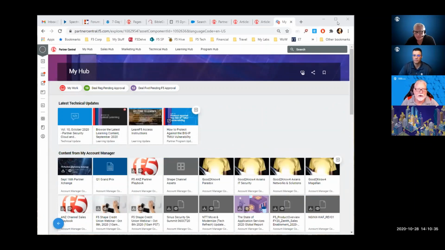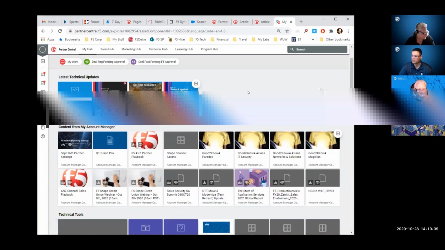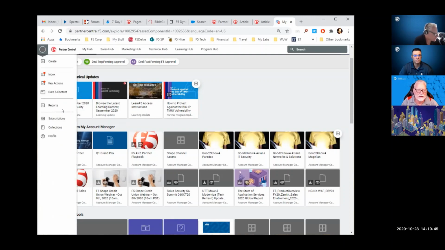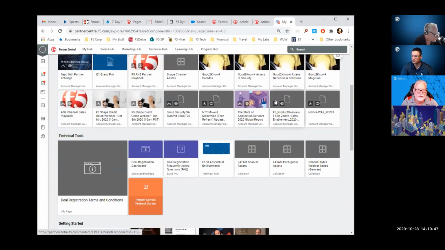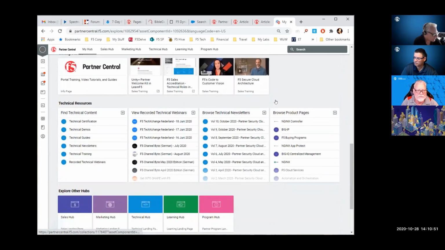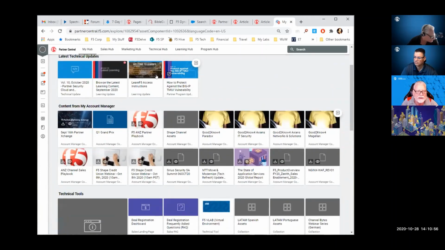So this is the new Partner Central site, and this is what you would see. I'm coming in as a technical partner, right? You're going to get technical updates, newsletters. There's a bunch of really good stuff in here. An easy link to F5 Learn is here. Yeah, Learn F5 Access instructions.